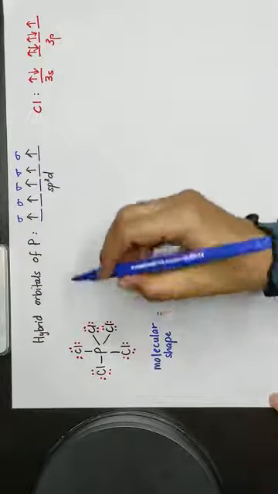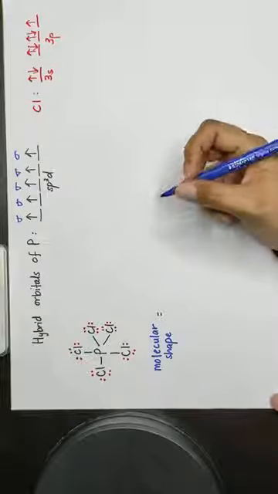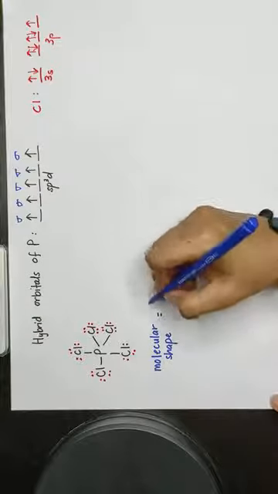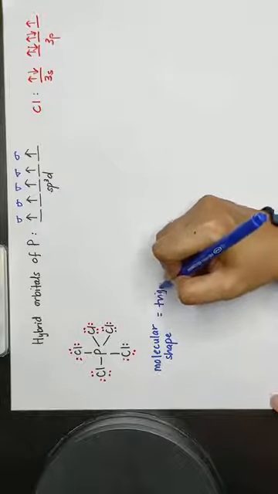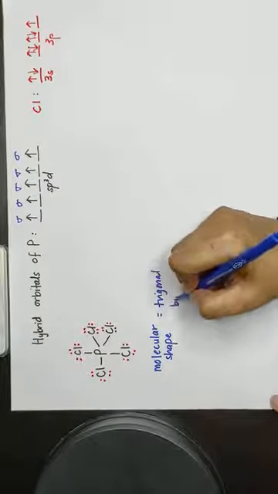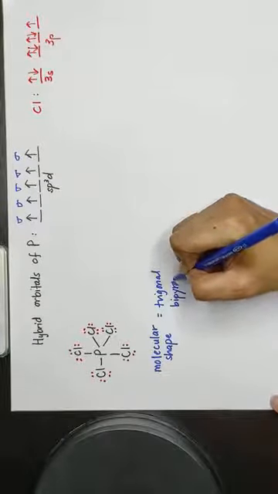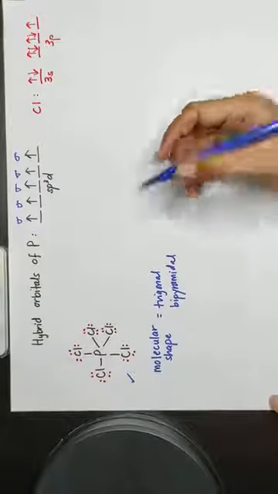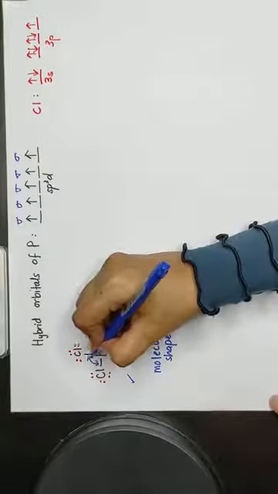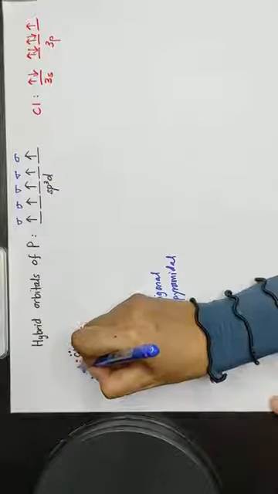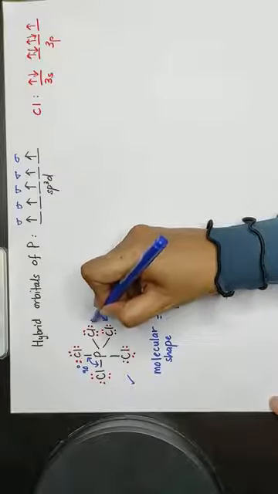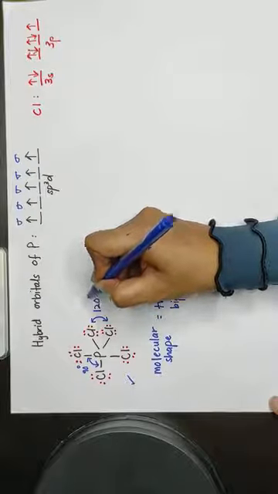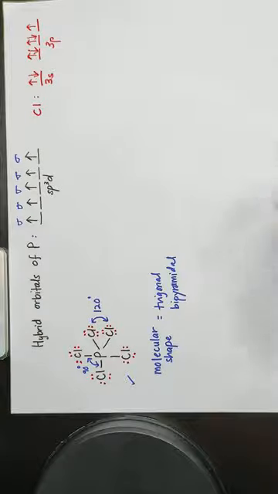So the 5 unpaired electrons will be used to form 5 sigma bonds. Before you can draw the overlapping, determine the molecular shape. The molecular shape is trigonal bipyramidal, with bond angles of 90 degrees and 120 degrees. Now let's start.